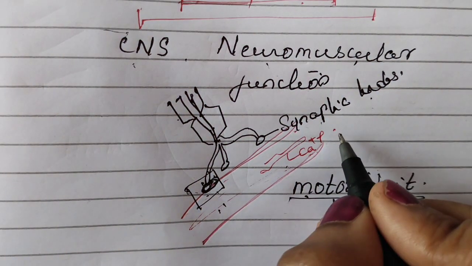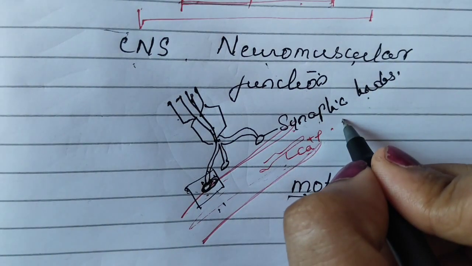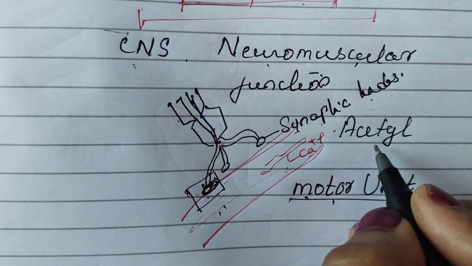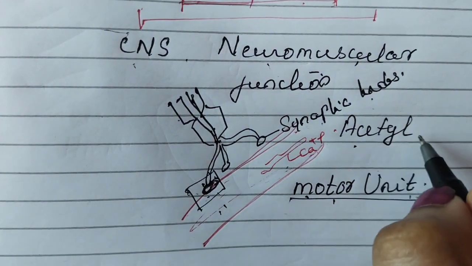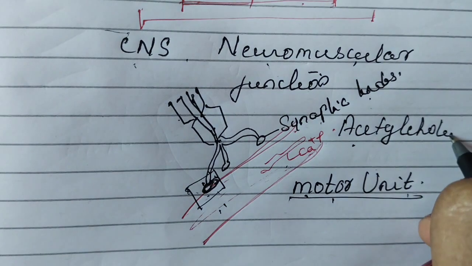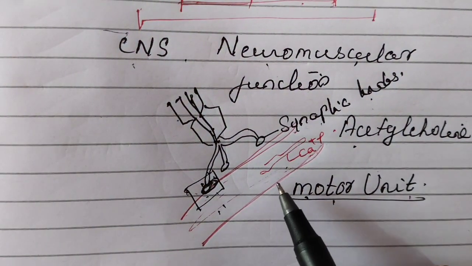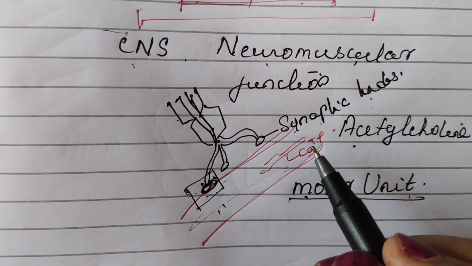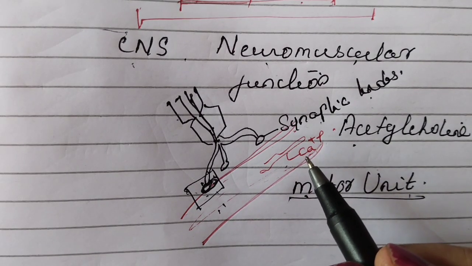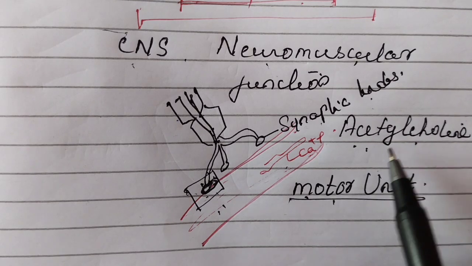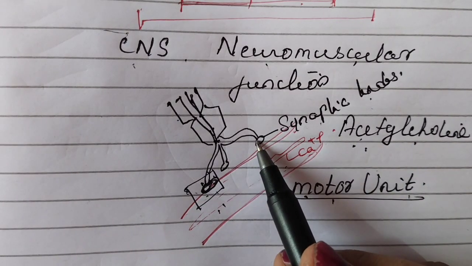These synaptic vesicles have chemicals called neurotransmitters, and a typical one we are studying is acetylcholine. So acetylcholine is a type of neurotransmitter. Nowadays you may be familiar through social media with another neurotransmitter, dopamine, right? But here it is acetylcholine. It is released by the synaptic vesicles.